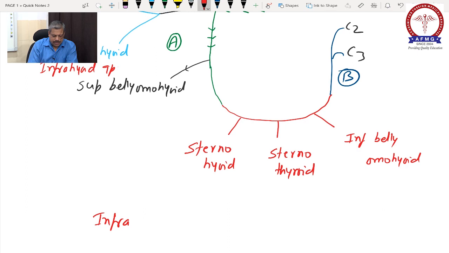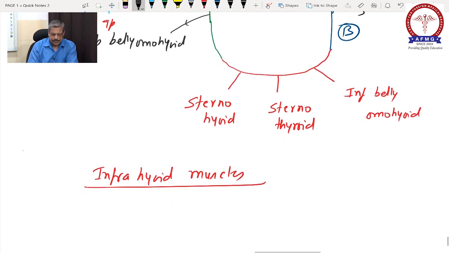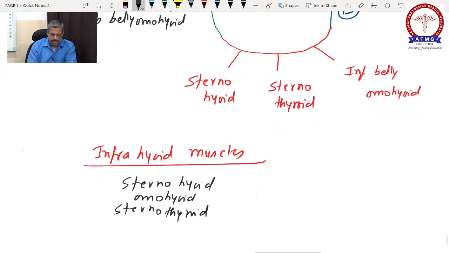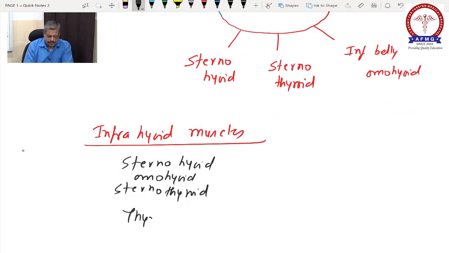As earlier we have written, infrahyoid muscles. Clear? So these infrahyoid muscles are the sternohyoid, omohyoid, sternothyroid and thyrohyoid.